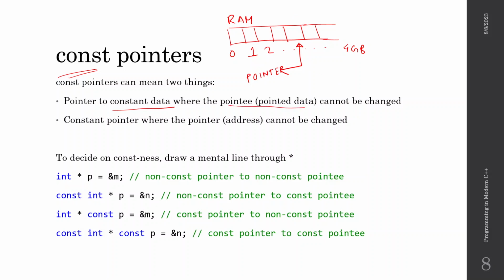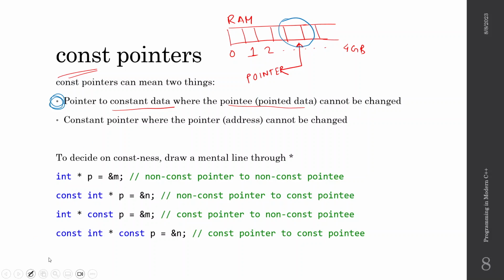So the first case means that this value cannot be changed, the one I have marked in blue. So this blue part is constant, but the pointer itself is variable. So this is the first meaning.